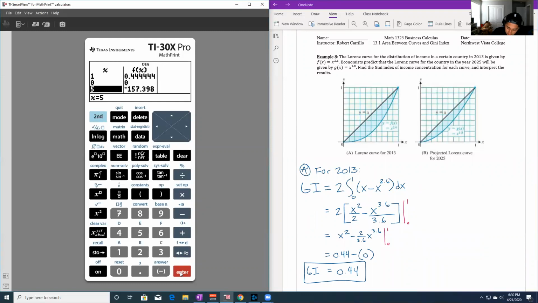So B, this is for 2025. So their Gini Index is going to be 2 times the integral from 0 to 1 of x minus, and the function they're giving us for 2025 is x to the 1.8. So x minus x to the 1.8 dx.